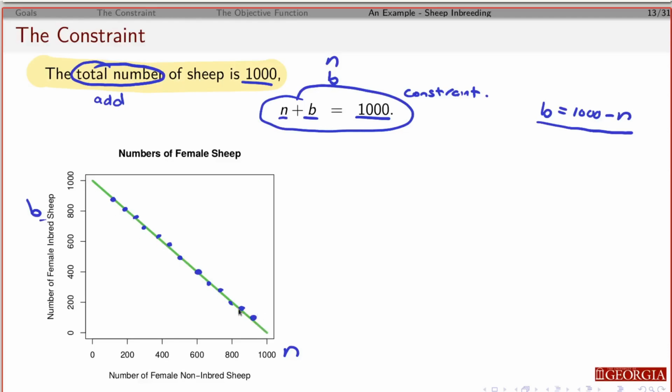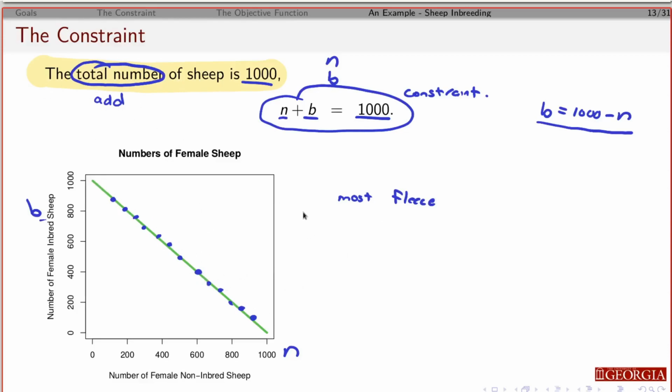So of all of these values for the number of inbred sheep and non-inbred sheep, which one is going to give me the best? And again, by this, I want to get the greatest mass of the fleece. So of all of these, which one is the best?